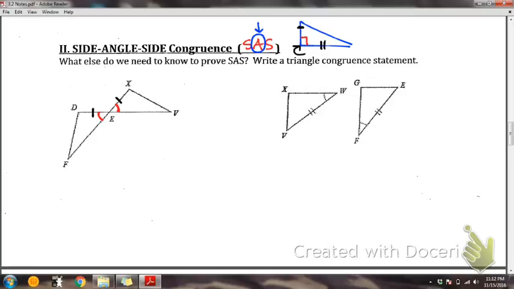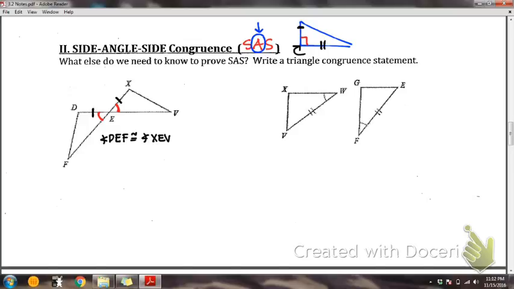So I would need to say, if I want these triangles to be congruent, I would need to say angle DEF needs to be congruent to angle XEV. That would give me the angle. I already have one side. Now, which other side in each triangle would I have to make congruent to be side, angle, side?